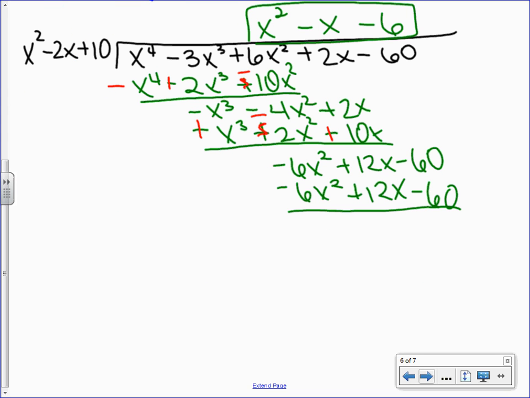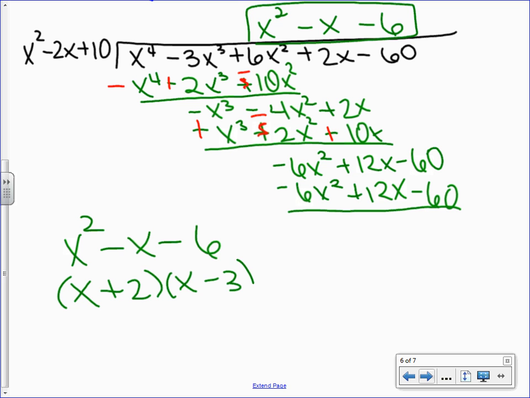What can we do with x squared minus x minus 6? X plus what times x minus 3.